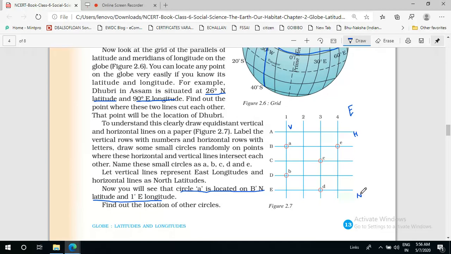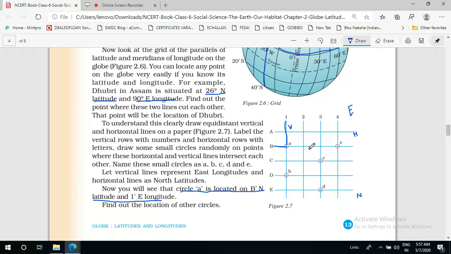So these are the latitudes which are denoting the north direction. So A degree north, B degree north, C degree north, D degree north, and E degree north. In this way, we can say that circle A is located on B degree N and 1 degree east. So this is the location of A.